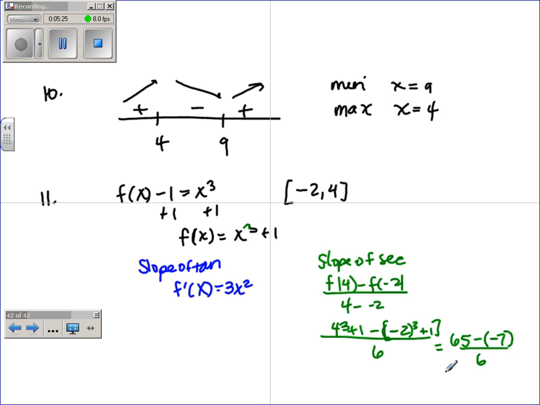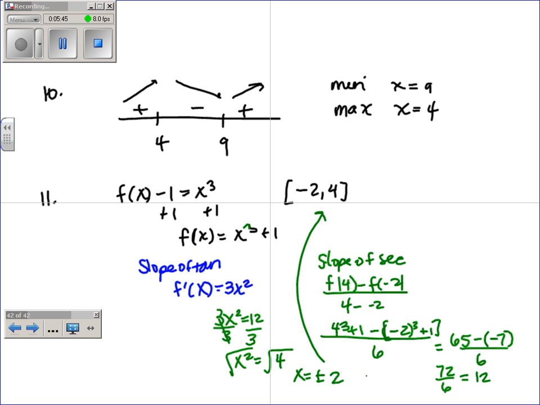So 65 plus 7 is 72 over 6, which gives us 12. So we set 3x squared equal to 12, divide by 3, get x squared equals 4. So x equals plus or minus 2, but we want to pick the one that's inside the interval, so we just pick 2, which is B.